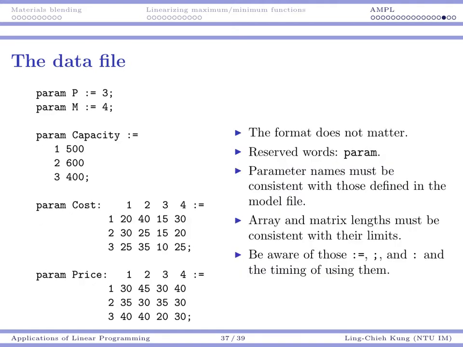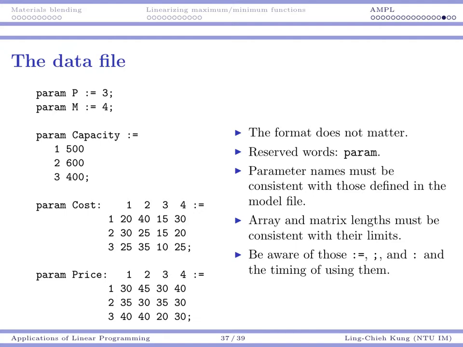Regarding my data file, I just need to, again, know the syntax. If I want to define the value for a parameter, for a scalar, then just write something like this. Use colon equal to assign a value to your p, to your m.